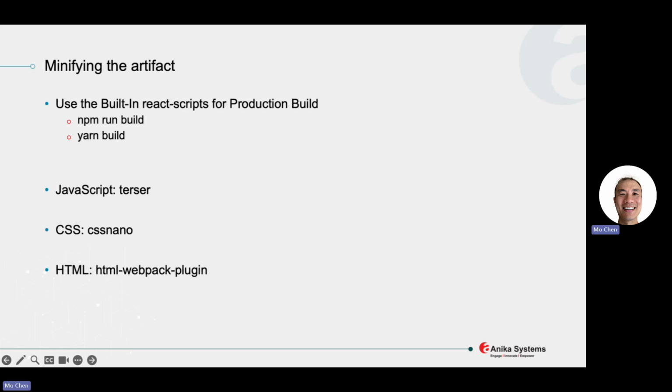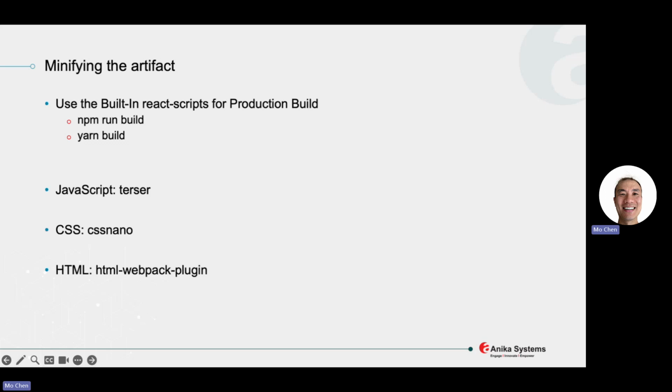Once built, JavaScript files are minified using Terser. CSS files are minified using CSS Nano, and the build process optimizes images and includes hashed file names for cache busting as well.